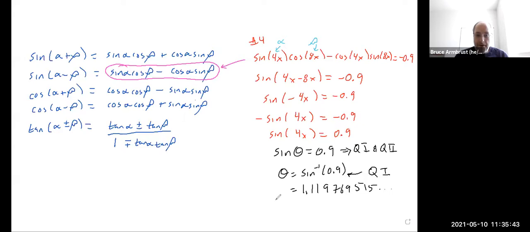Well, this number, that's actually 4X. So to get X, I actually have to take this and divide it by 4. And so I'm going to get 0.2799423. That's probably more than enough decimal places for our answer.